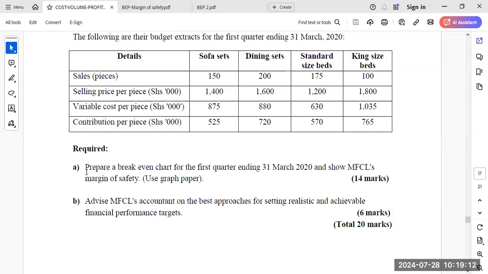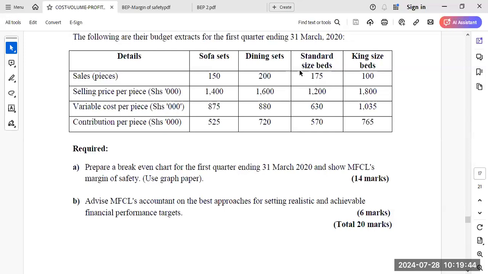But before we analyze our case study, when you look at this part A of the question, as the person who is going to analyze your case study, what are you interested in? Because it's not just a matter of analyzing the case study, you must know which information you are interested in.